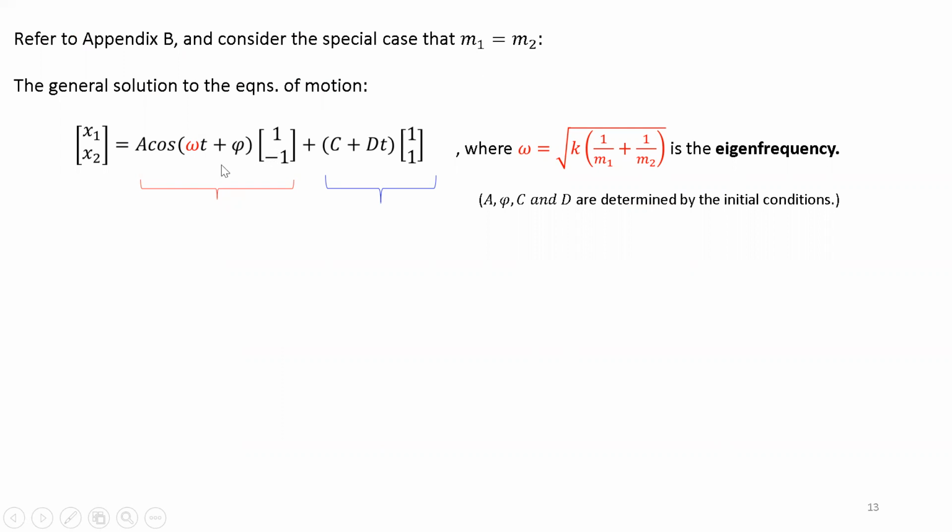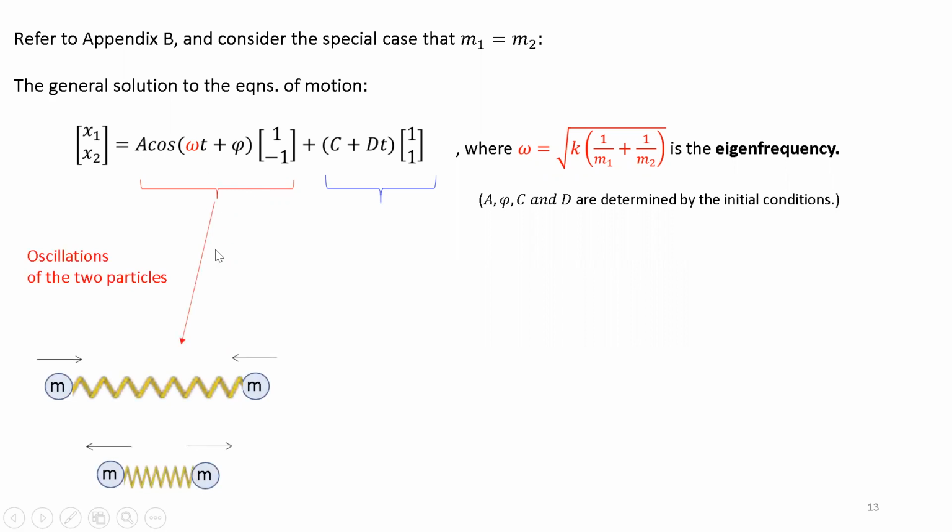Now it's a superposition of two terms. The physical picture for the first term is the following. Here you can see that x1 is a cosine and x2 is minus a cosine.